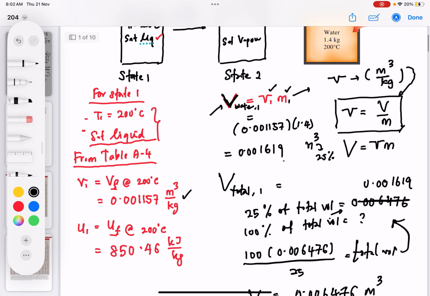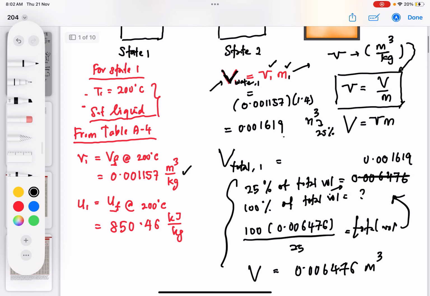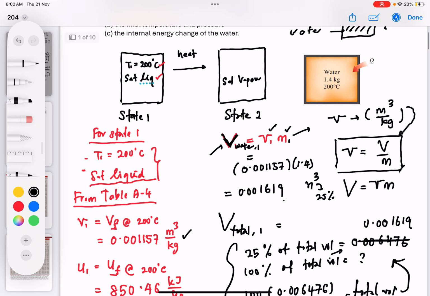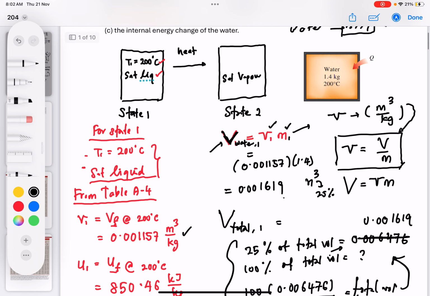That's why I have to do the simplification, something like this. So now I am able to calculate the total volume of my system. Alright, I'm going to erase some of the answer here because the space is not sufficient.